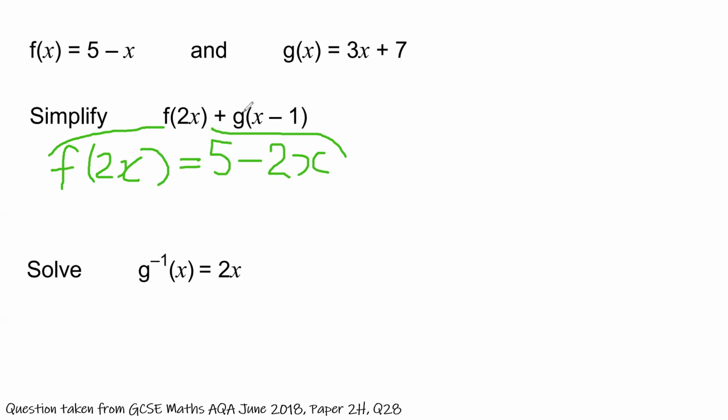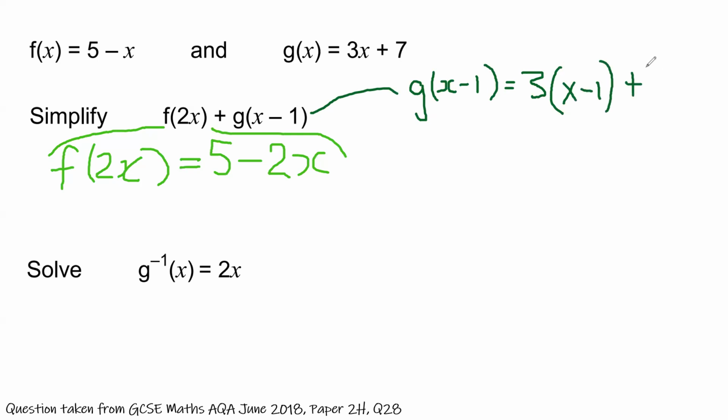Now, if we take g of x minus 1, we do exactly the same thing. Every time we see x, we put in x minus 1. So g of x minus 1 is equal to 3 times x. Rather than putting x in here, we're going to put in x minus 1, and then we're adding 7.